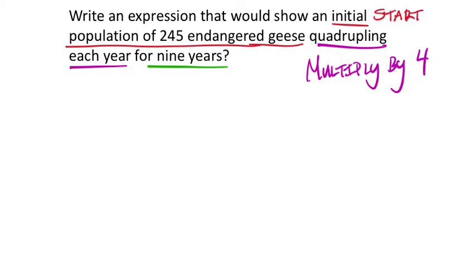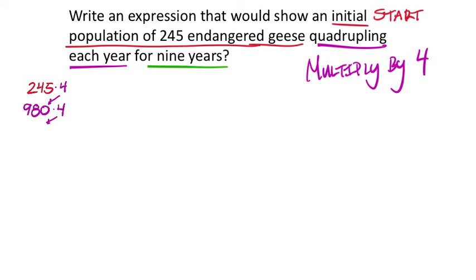So I'm gonna do this by hand just to start with. So I'd say 245. If I were to quadruple that, so I'd multiply it by 4, that would be after 1 year. So 245 times 4 in my calculator. And this says that if I did that, I'd have 980 geese after 1 year. But then I'm going to multiply that by 4, right? Because that also will quadruple. I got to do this 9 times.